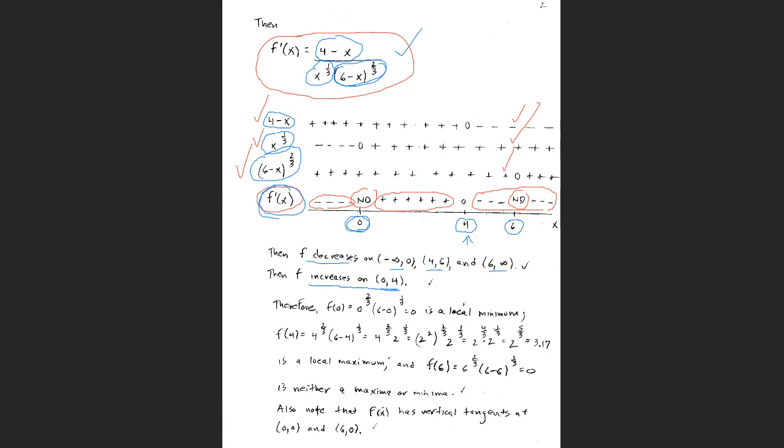The function itself is equal to x to the 2/3 times the quantity 6 minus x to the 3rd. So the function is defined at x equals 0. It's just its first derivative that's not defined at x equals 0. So what's the function going to do at x equals 0?